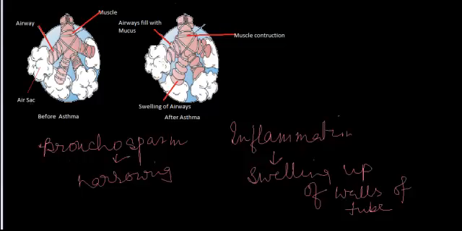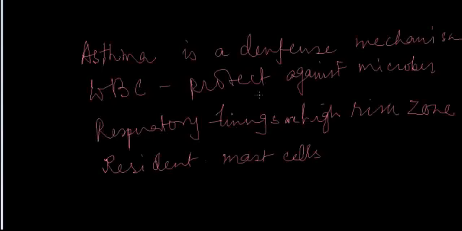Here the narrowing has occurred, and then the inflammation: the mucus has come and other mediators have been released and the tissue has swelled up and the appearance has changed. There is constriction of the airways. This is inflammation. Now let's go to the treatment.